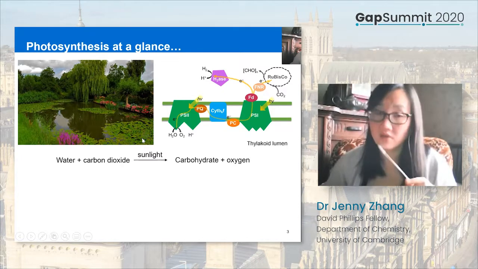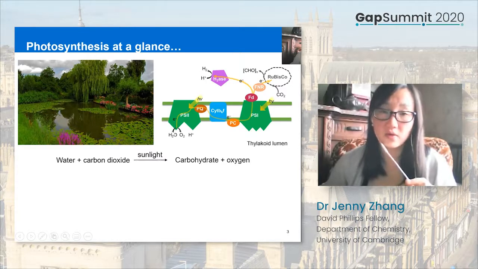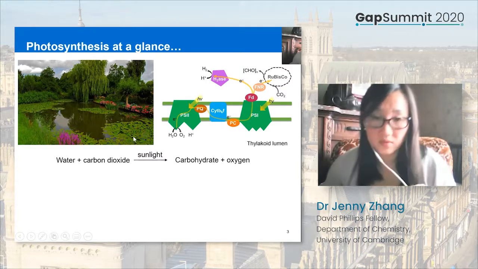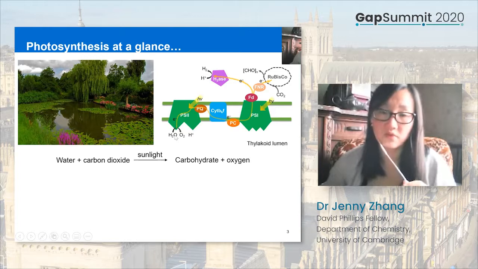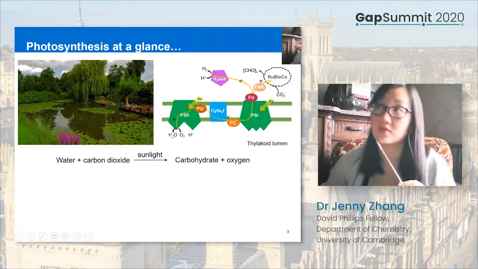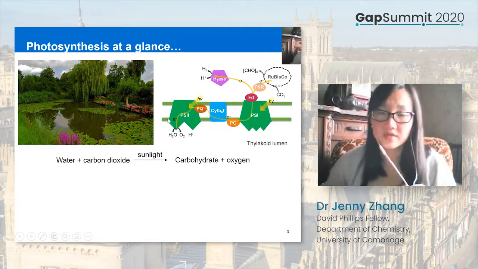And what they all have in common is that if you zoom in into their intracellular organelle called a thylakoid, embedded within the membrane is what we call the photosynthetic electron transport chain, and this is where the light reaction of photosynthesis occurs. And the most important thing to get out of this is that we have photosystem 2, which starts the entire process.